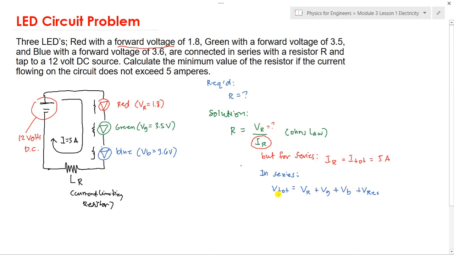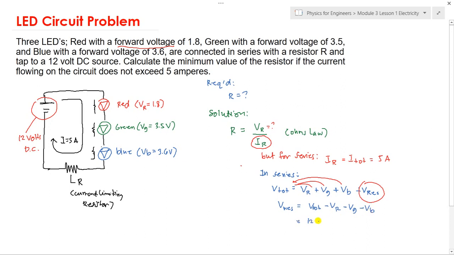So here we are given these three, and given the total, so we can solve for the resistor voltage, V res. We just transpose the three to the other side. So therefore we have here the resistor voltage. V resistor is equal to V total minus V of the red LED minus green minus blue.